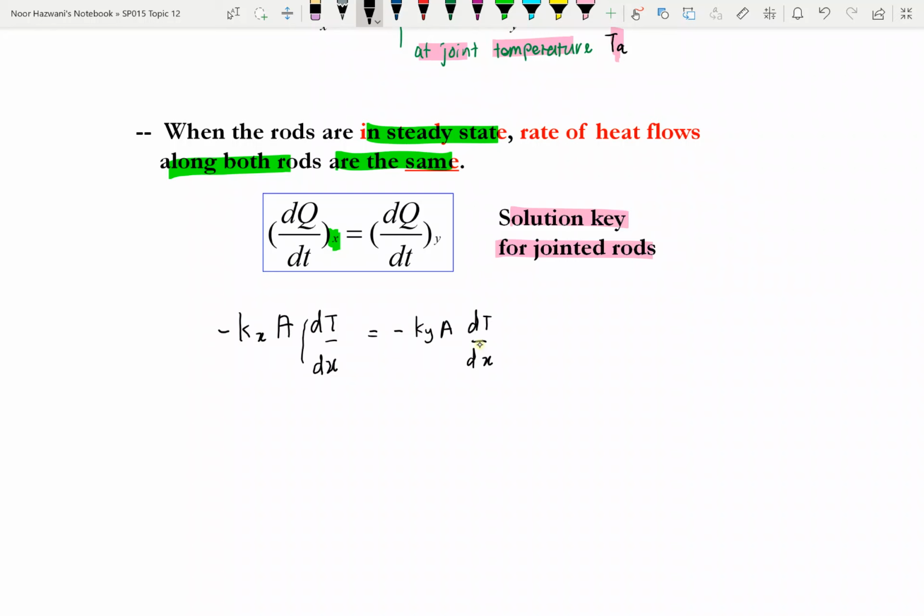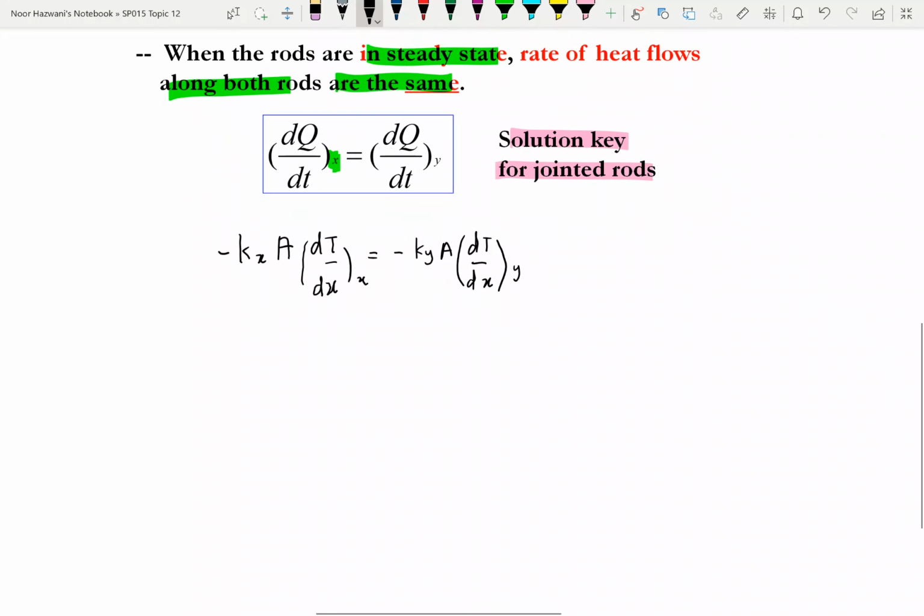Yang ini kita akan tengok perubahan temperature untuk X dan ini untuk Y. Okay, so dx dekat sini kita boleh jadikan dia sebagai length X dan length Y sebab dia kata different length. So I boleh gantikan dia sebagai Lx dan juga kat sini I substitute dengan Ly.